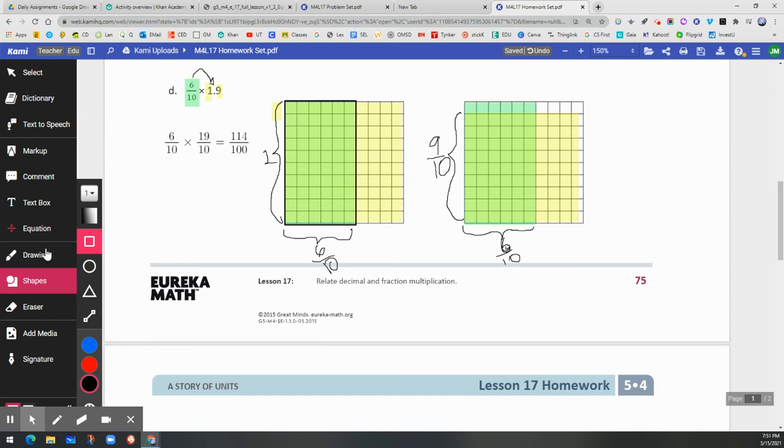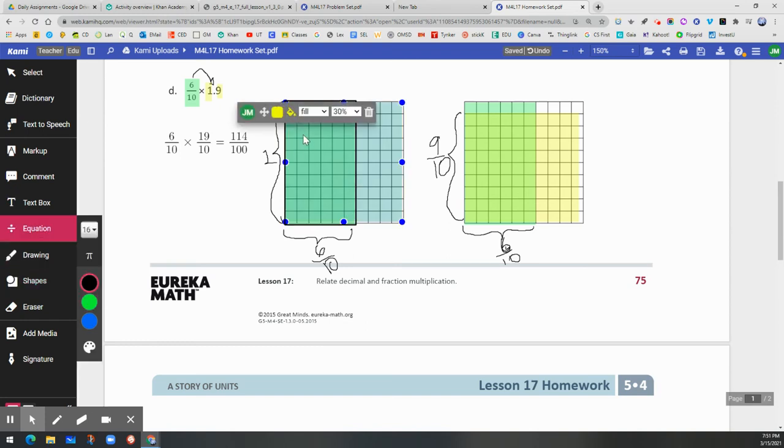So that's going to be 6 times 10, which equals 60. Let me write that down: 6 times 10 equals 60 of them. I'm going to drag this to show that this is the answer for that, the 60 of them.